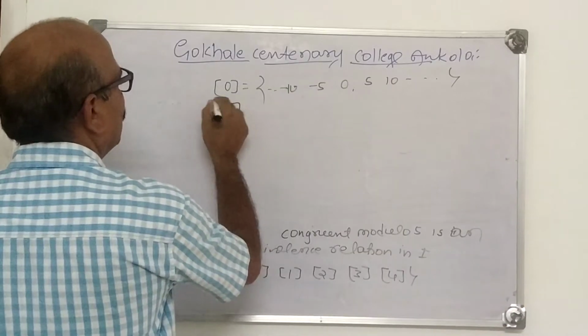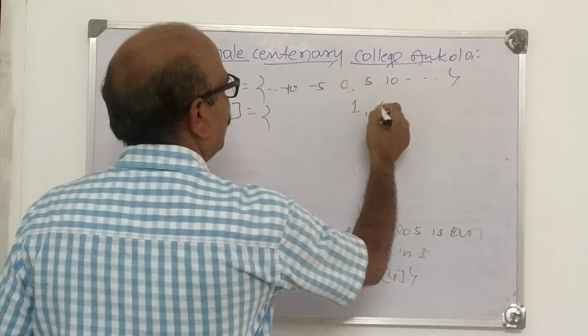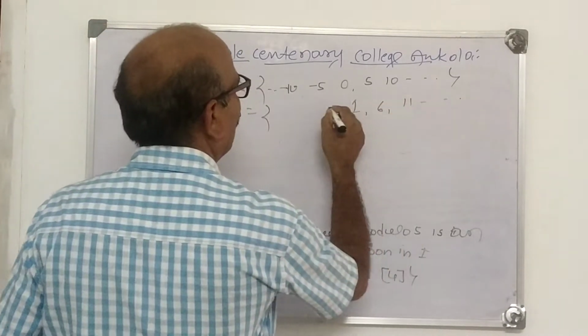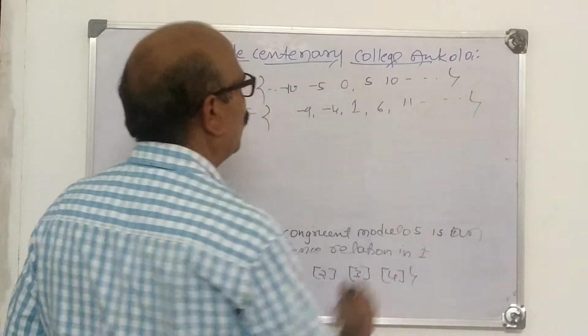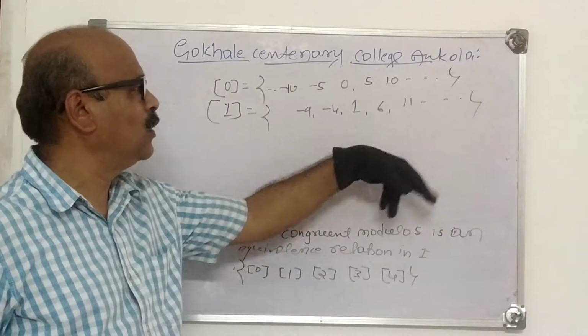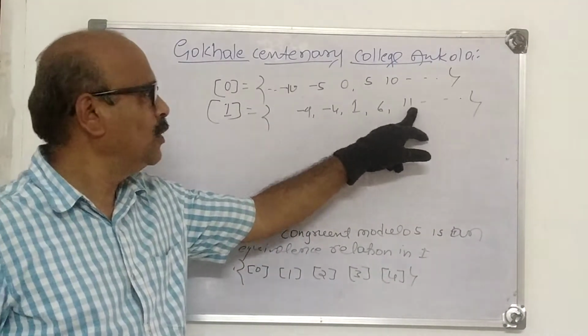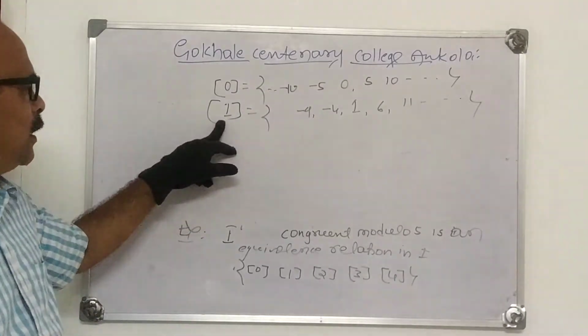1 means, what is 1? Integers which are congruent to 1 mod 5: 1, 6, 11, and so on, minus 4, minus 9, etc. All are congruent to 1 mod 5. Take 6. 6 is congruent to 1 mod 5. 11 is also congruent to 1 mod 5. All these form the set 1.